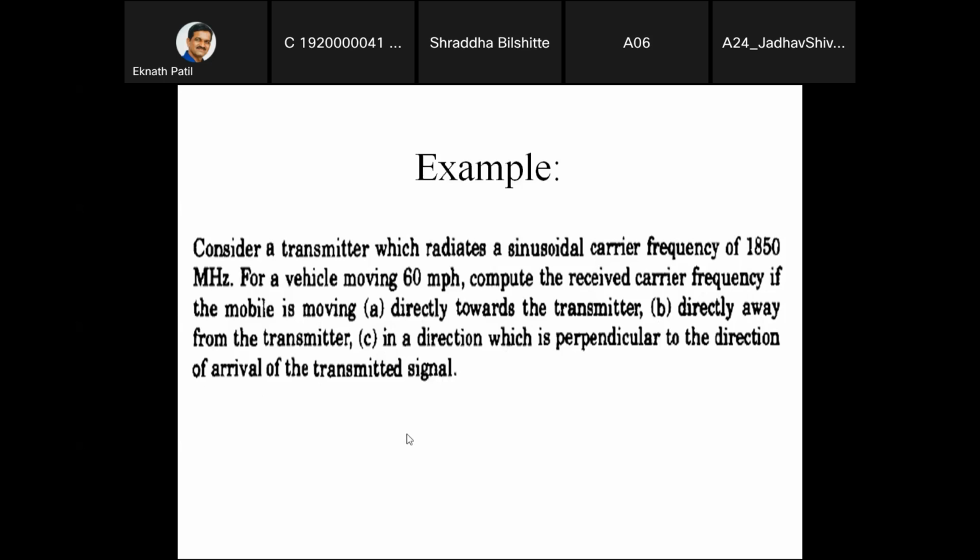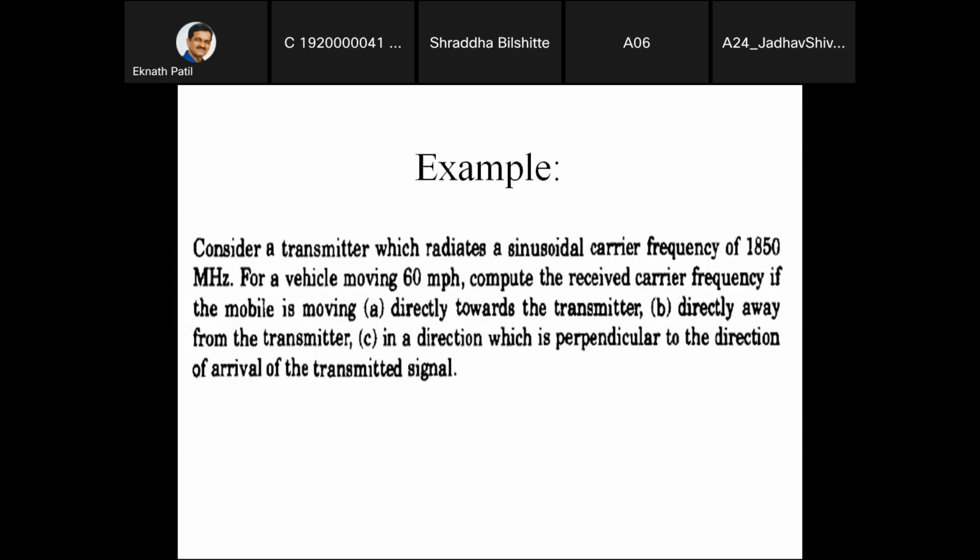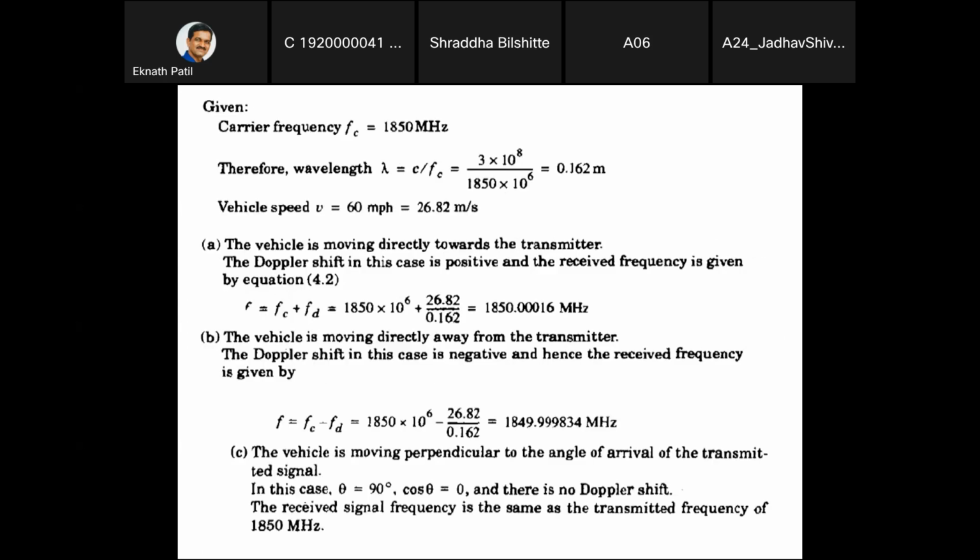So that particular part we'll discuss. The carrier frequency fc is 1850 megahertz. Lambda is equal to 3 into 10 raised to 8 divided by 1850 into 10 raised to 6, that is 0.162 meters. v is 60 mph, and we have to convert it into meters per second. How can one convert 60 mph to meters per second?